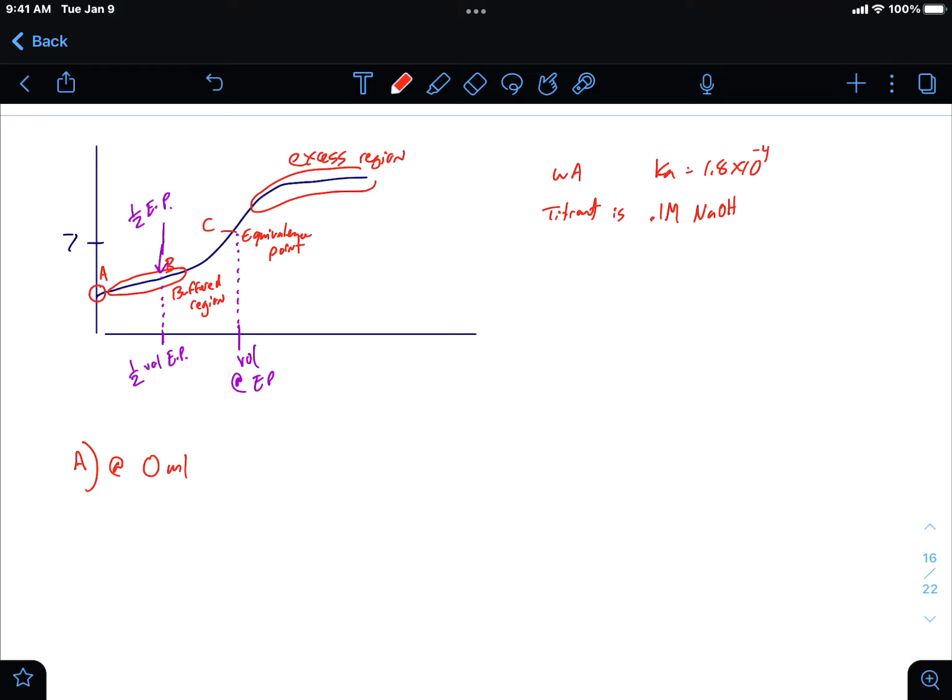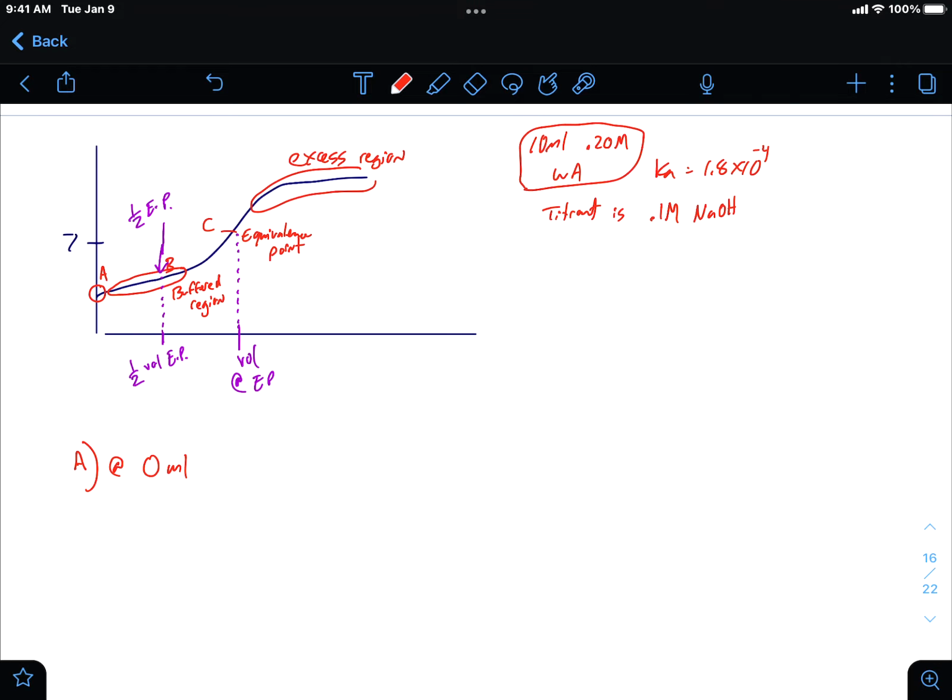Okay. And so let's say that I have, of my weak acid, 10 milliliters of it, and its concentration is 0.2. So whatever this weak acid is, I start with 10 milliliters of it, and I know it's 0.2 molar. Okay? All right, so at these different points, we're going to calculate the pH.